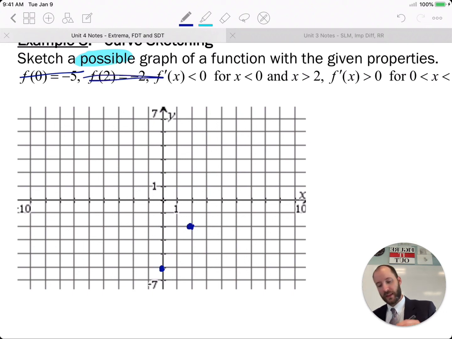Alright. And then they say f prime x is less than 0, so f prime is negative, so the function is decreasing for x less than 0, and for x greater than 2, decreasing.